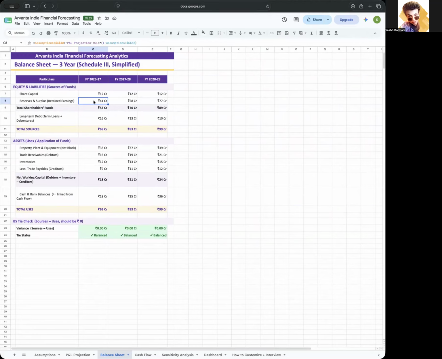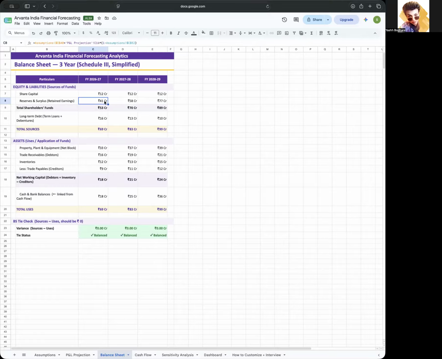Now, in our model, retained earnings increase from 41 crores to 58 crores to 77 crores. This increase indicates the company is constantly profitable and is reinvesting a significant portion of its earnings back into the business.